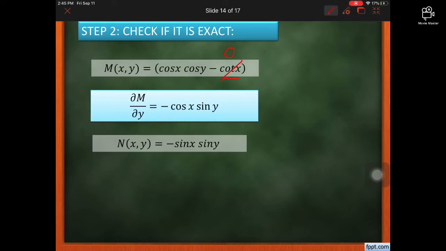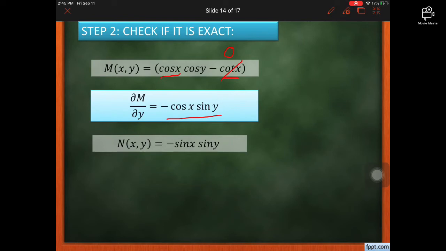While for cosine x cosine y, treating cosine x as your constant because it has the variable x, it is as is in the equation, you just need to derive cosine y. And deriving cosine y, that gives you the negative sine y. So that gives you the answer that the partial derivative of m with respect to y is negative cosine x sine y.